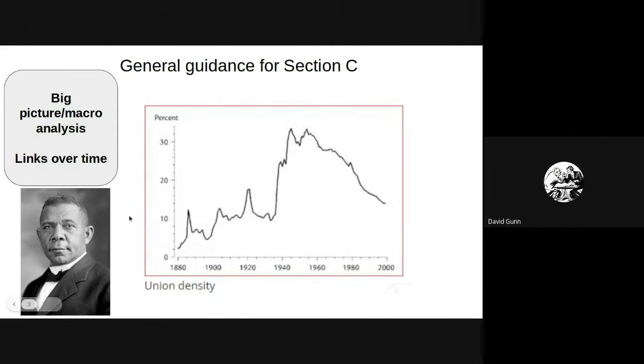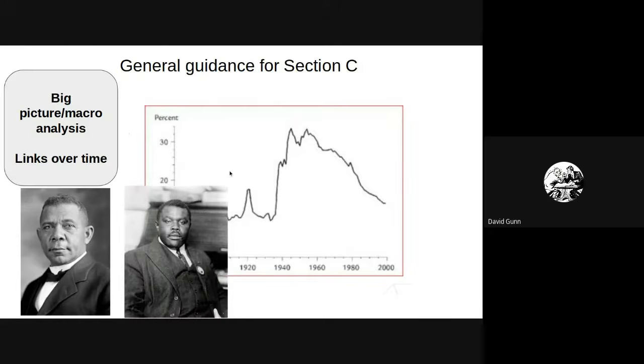You could say this set a precedent for later on. You've got Marcus Garvey in the 1920s, similarly advocating Black American self-determination. So you can see that Booker T. Washington sowed the seed and laid the foundations for the later work of Garvey.